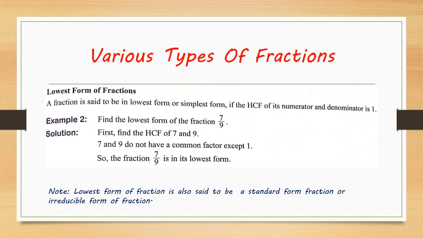Now we have to check whether it is in standard form or not. Since the HCF of 7 and 9 is 1, that is, since these are co-prime numbers, they are in lowest form, or we can say that 7 upon 9 is the standard form of the fraction.